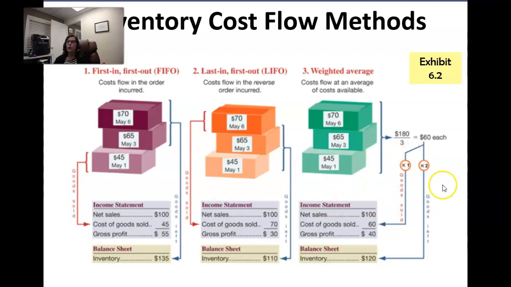So these 3 products added together were $180. Divide that by the 3, and that gives us a product cost of $60. So any of these products that were sold would be sold at $60, giving us a gross profit of $40 and an ending inventory of $120.